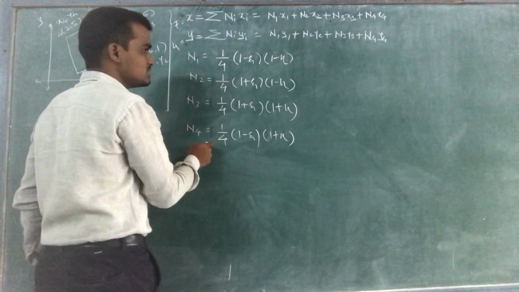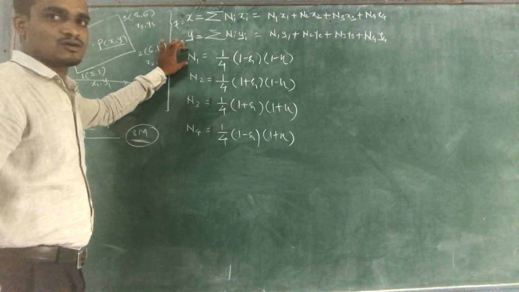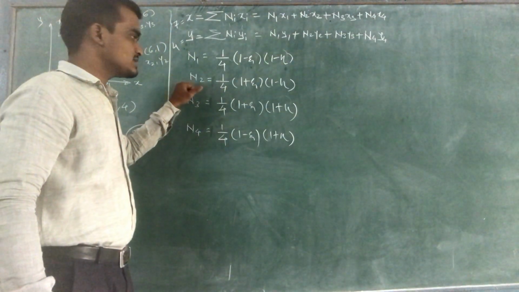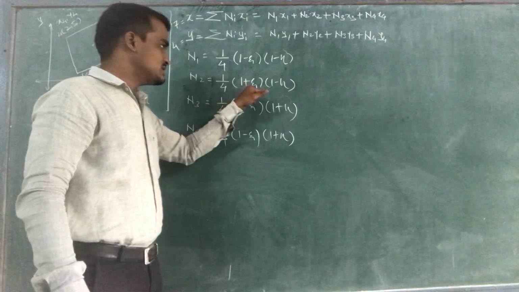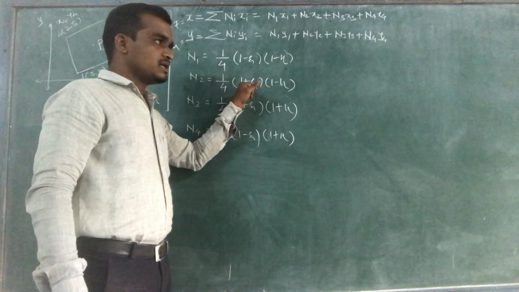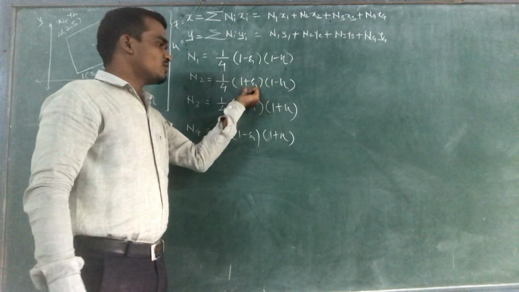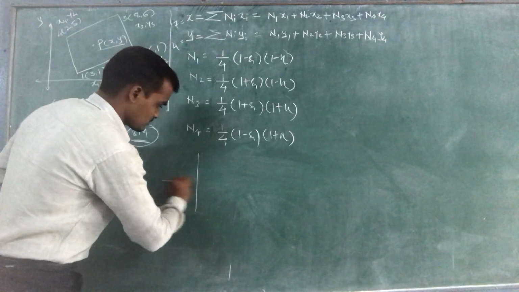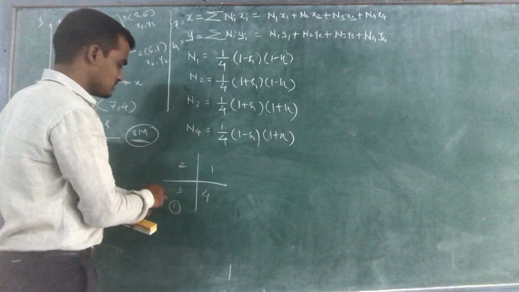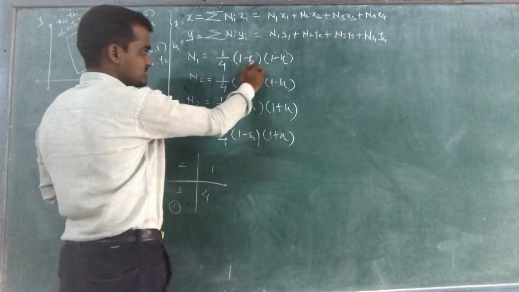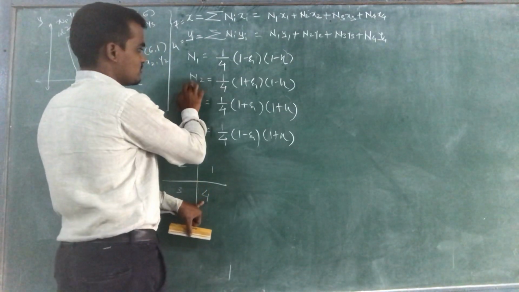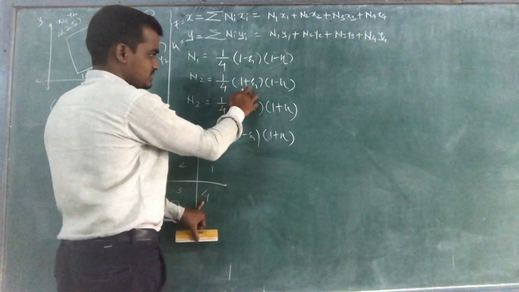So how do we remember this? Your first node is in the third quadrant. For the third quadrant, both zeta and eta are negative. Your second node lies in the fourth quadrant, where zeta is positive but eta is negative, because here we consider zeta as the x-axis and eta as the y-axis.